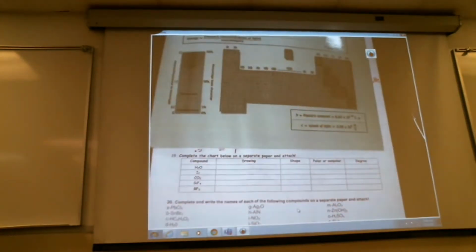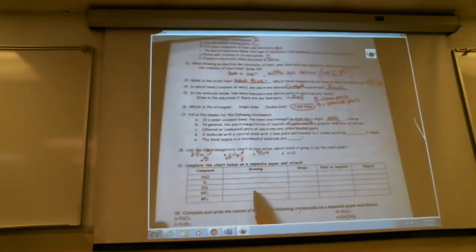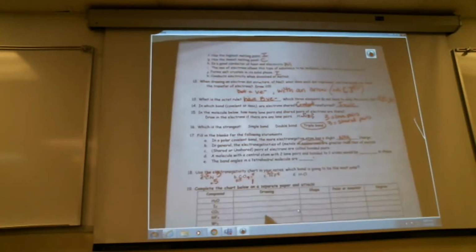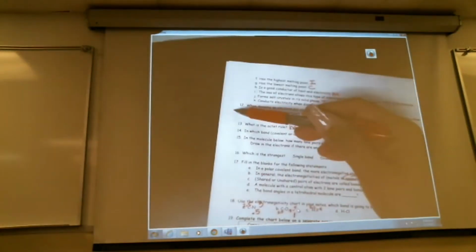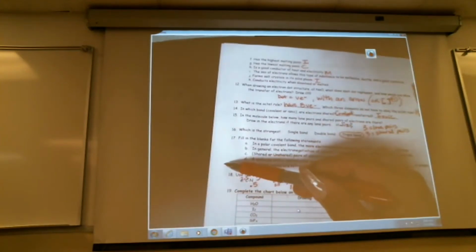It says here on a separate sheet of paper, I'm sorry that I had to do this, but there was no other way to do it. Unless you feel like you can do all of this in that little space, you are not hurting my heart by getting another piece of paper. I'm not sure how you're going to do your drawing, but maybe you don't want to get another piece of paper, which I'm okay with. And you do H2O, I2, CO2, S, and I'm okay with that too.